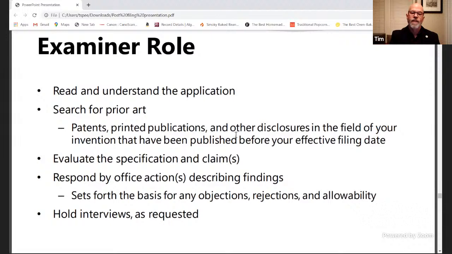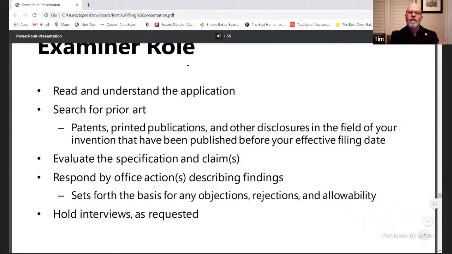The examiner considers that. And then also holding interviews to talk can happen after the office action has gone out, to try to talk to the applicant about the office action. These are the things the examiner does.